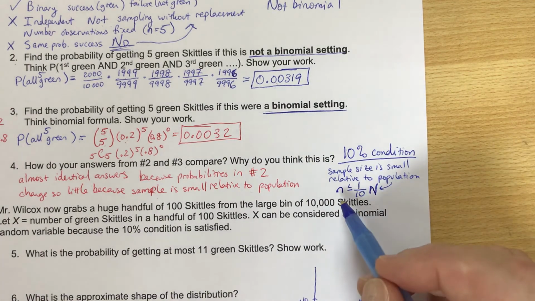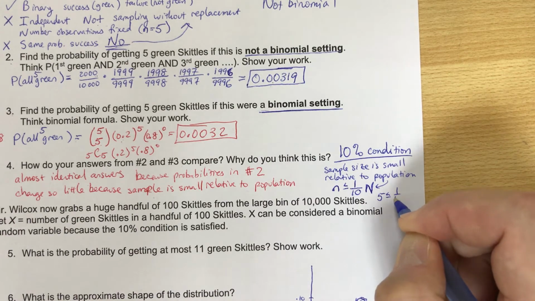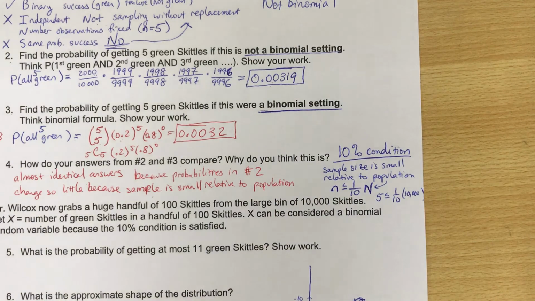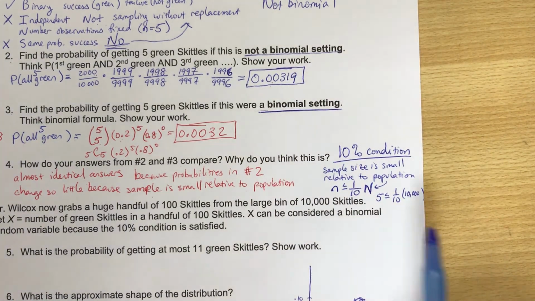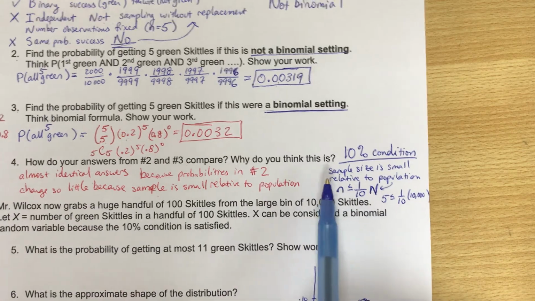In our case, 5 is definitely less than 10% of 10,000. So we can say we can use a binomial setting.